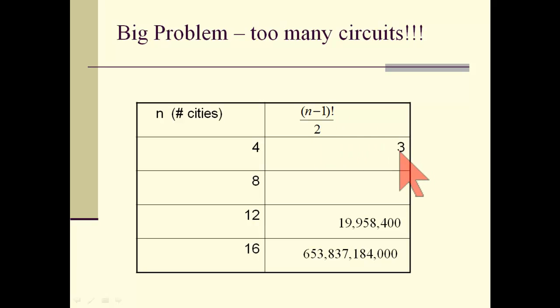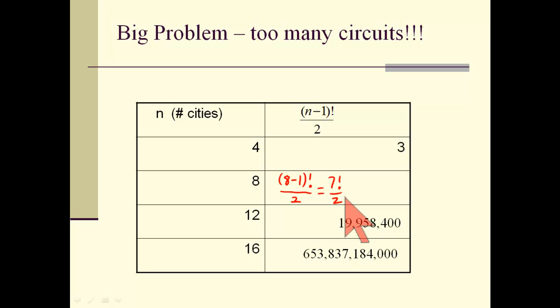How about when there are 8 cities? So 8 minus 1 factorial divided by 2. That's 7 factorial divided by 2.